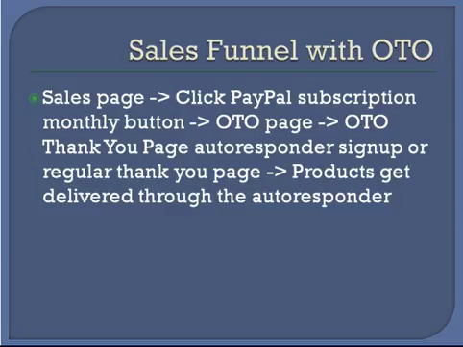Then the products get delivered through the autoresponder. So if you add a one-time offer, it does make it a little more complicated, but it's really not that bad. But in this video series, I'm going to talk about the basic sales funnel with no one-time offer. This is important to know so that you can put all the pieces together and know exactly what you need to do.